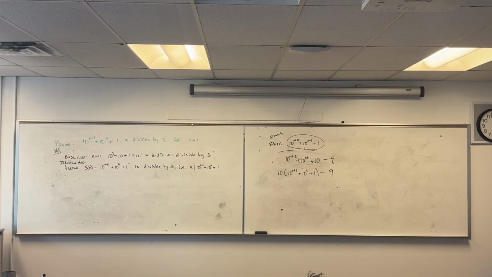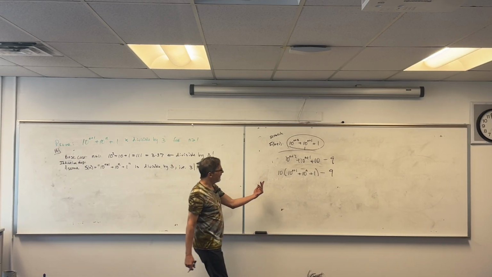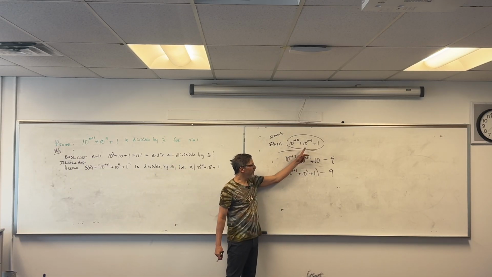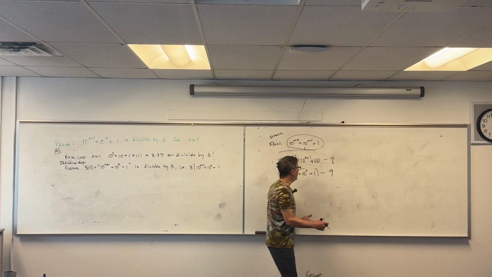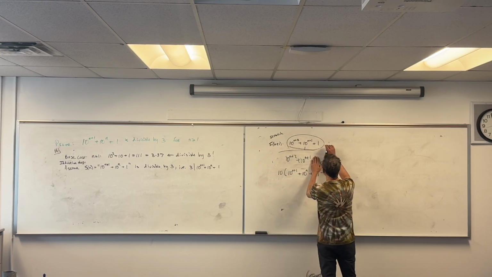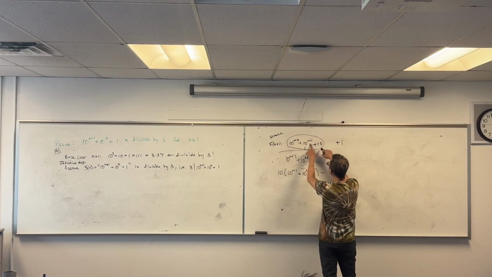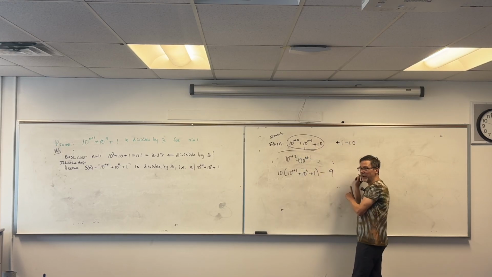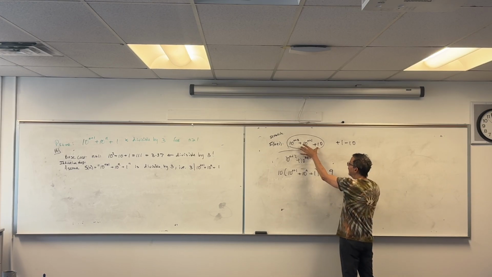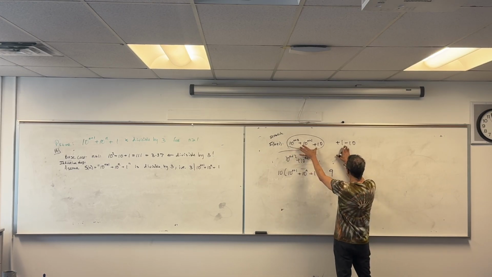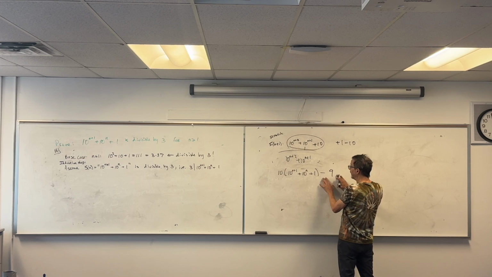Do you see the rewrite? Take this expression, pull the 1 out to the side. So kind of what I did was I pulled this 1 out here, added a 10 in here, but then subtracted 10 out here as the balancing. And now it's got this companion, that minus 9.